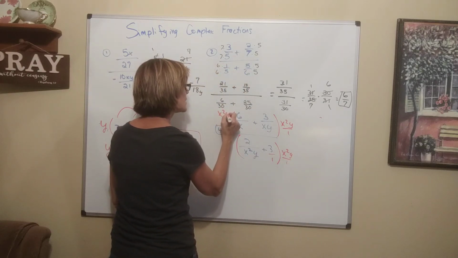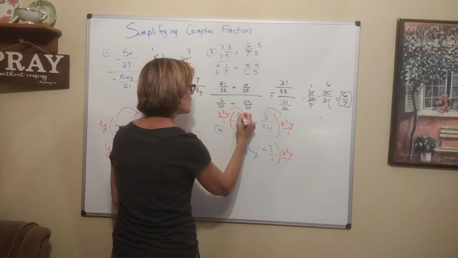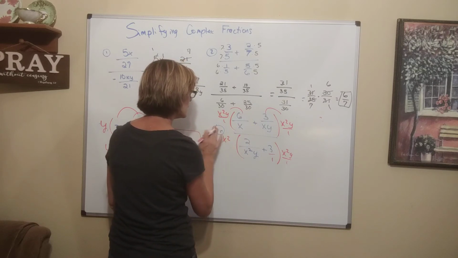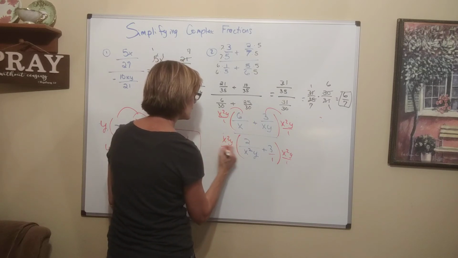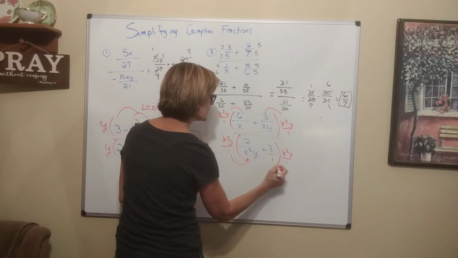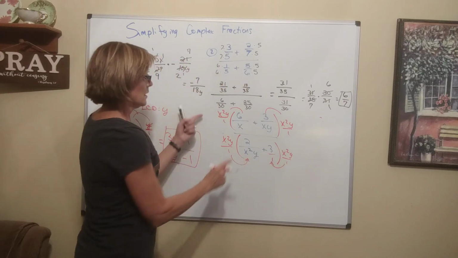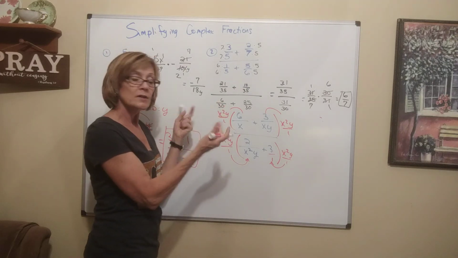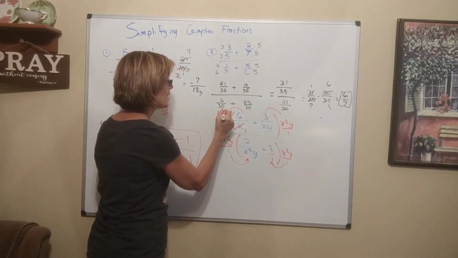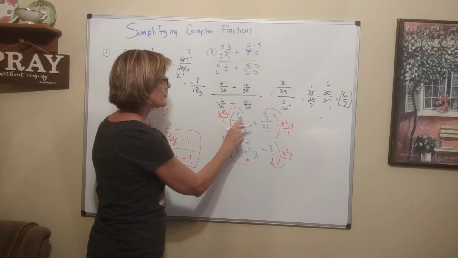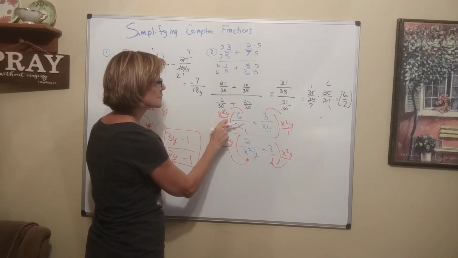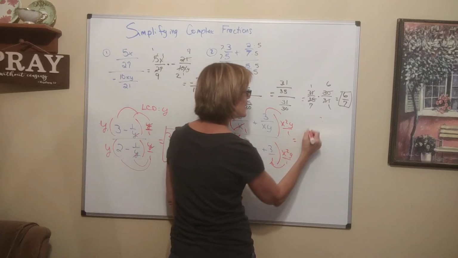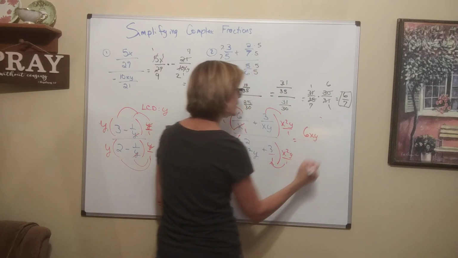I'm going to write it on both sides because it's going to distribute to both terms. Okay, so right here, x squared y over 1 times 6 over x. What will cancel? One of these x's will cancel out. So I'm left with 6 times x times y over 1, or just 6xy.